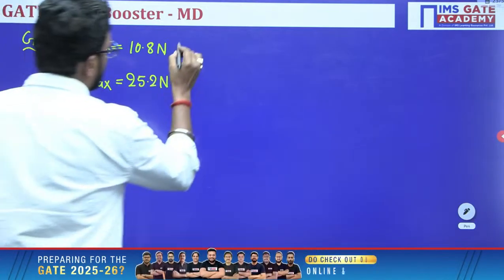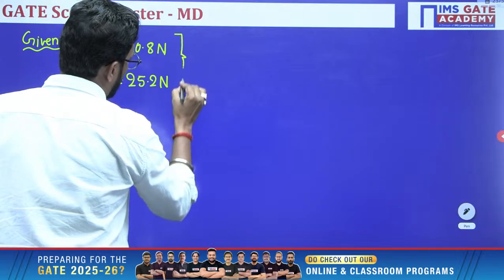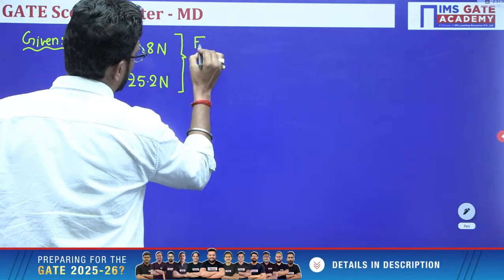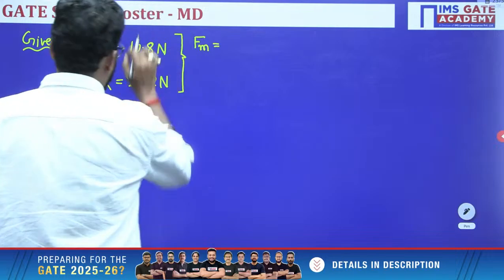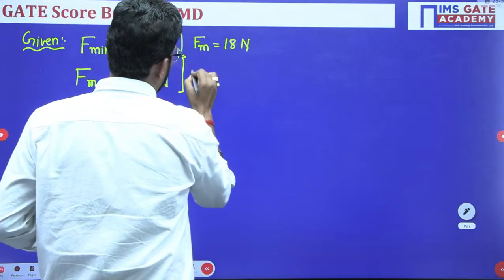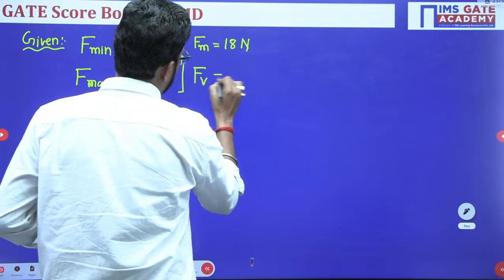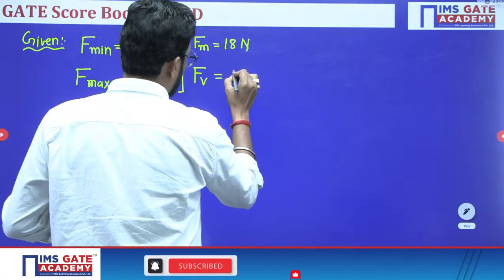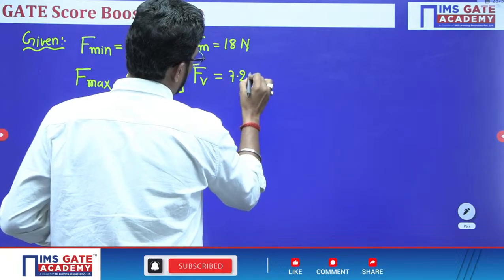From these two, we can easily calculate the mean force, addition divided by 2, that is 18 Newton. Variable force, subtraction divided by 2, that is 7.2 Newton.